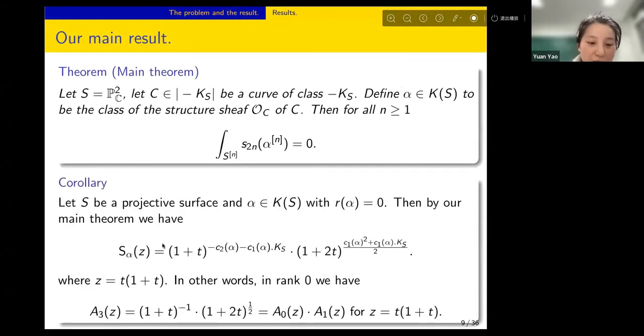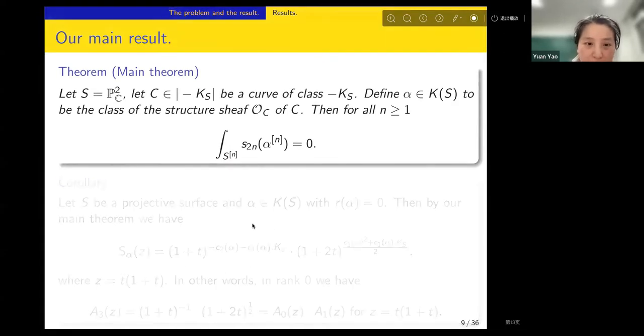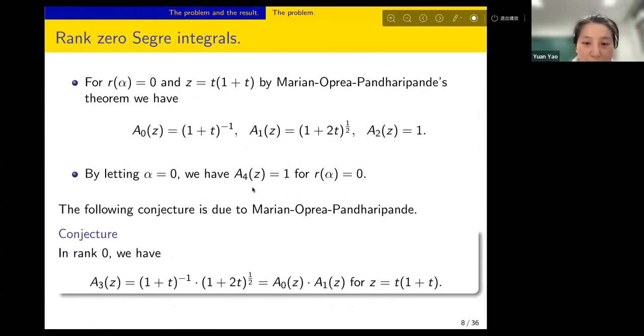So you just put everything together. Since A3 is the only term we don't know for rank 0, we have A0, A1, A2 by Marian-Oprea-Pandharipande's theorem, where you let the rank be 0. And we get A4 by letting alpha be 0. So it's easy.